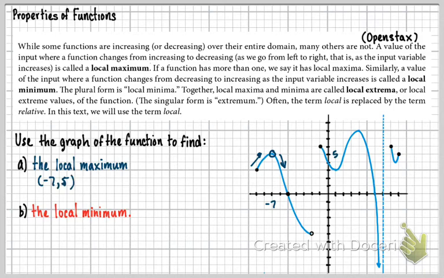And that's where it's going from increasing to decreasing. Now when I look at this value here, that's not going from increasing to decreasing. This value here is not going from increasing to decreasing, but this value here is. So that would also be a local maximum. And that would be 4, 8. Those would be the only two where I see it going from increasing to decreasing.